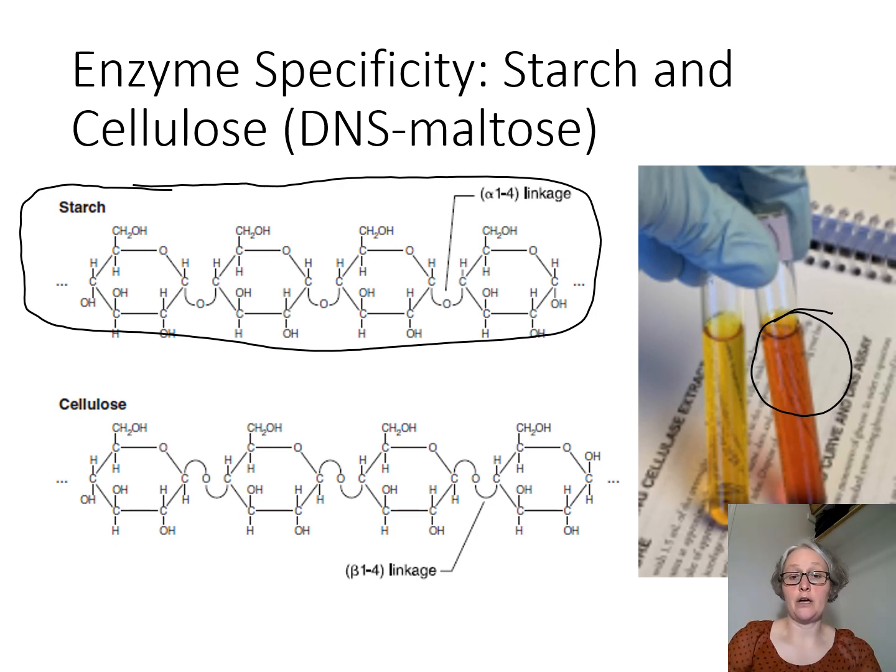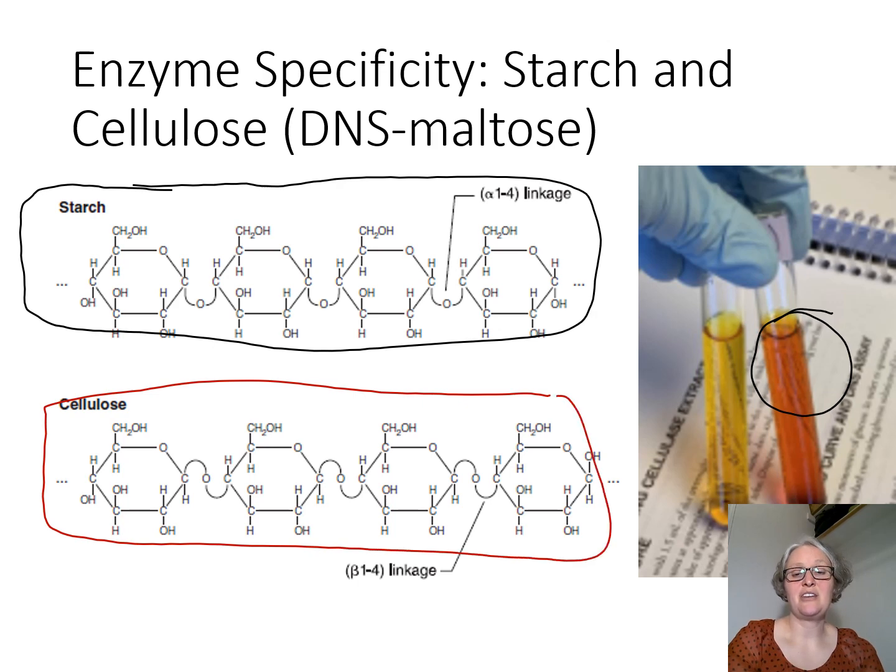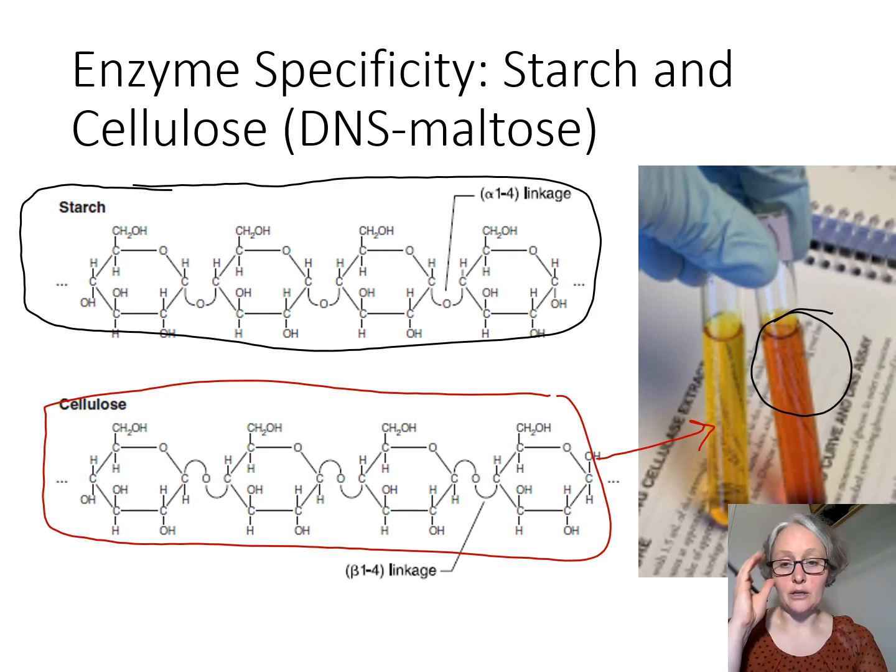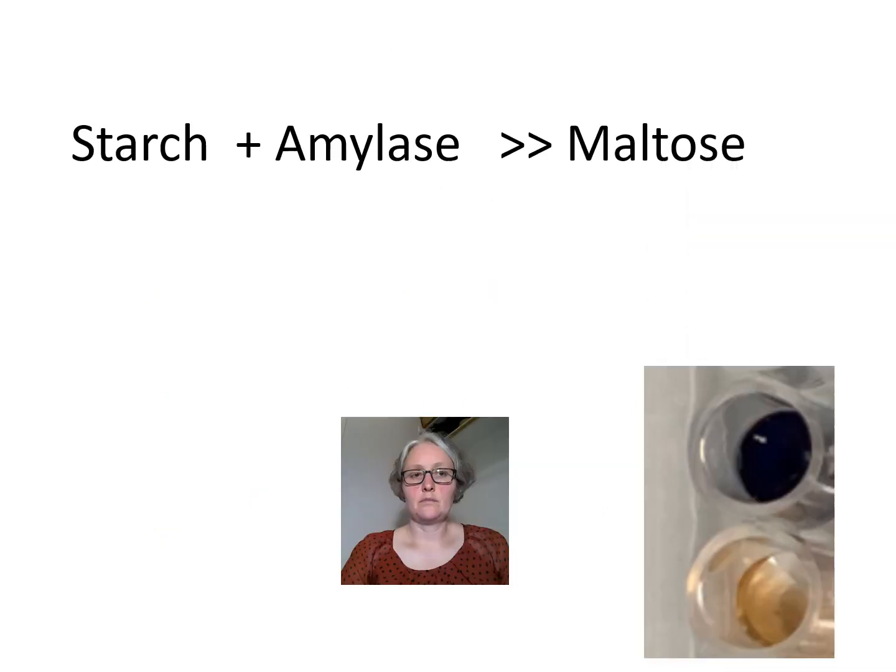They worked really well. On the other hand, when you took your enzyme plus cellulose, you got a really duddy reaction. Nothing happened. So what this experiment showed us is that our enzyme amylase is specific for starch. It does not like to break down the cellulose, and it's able to tell those differences.